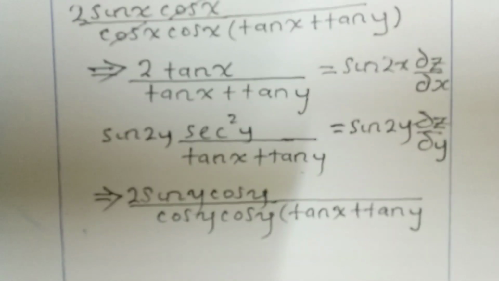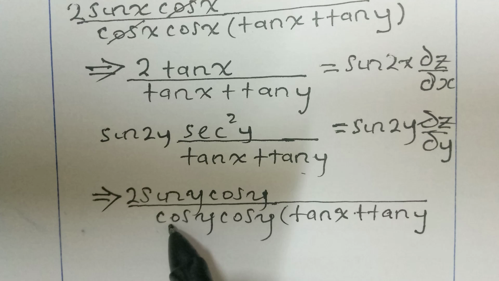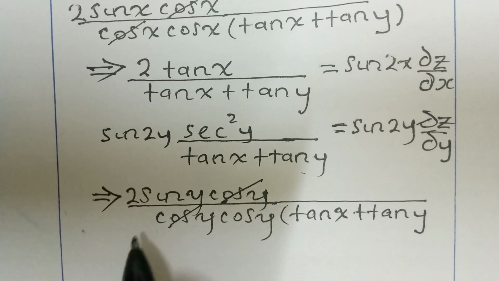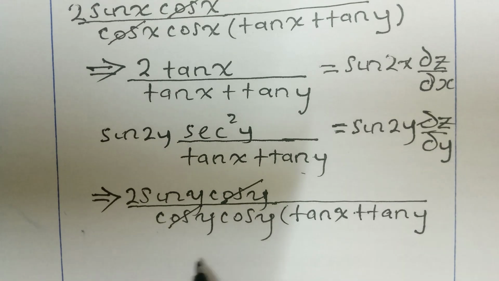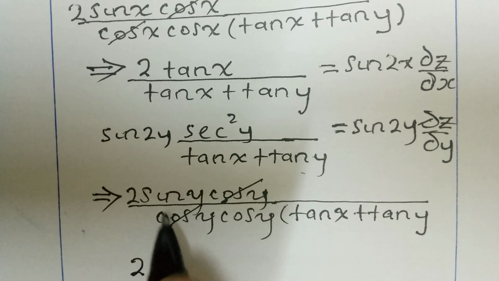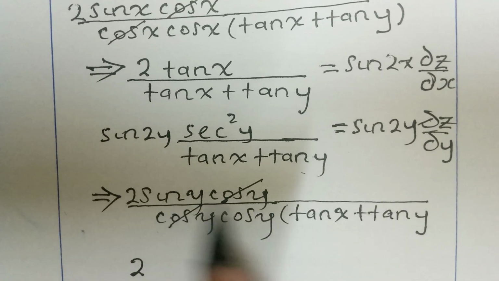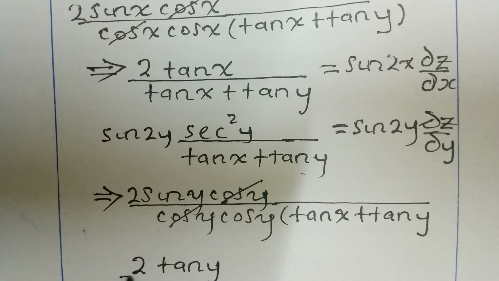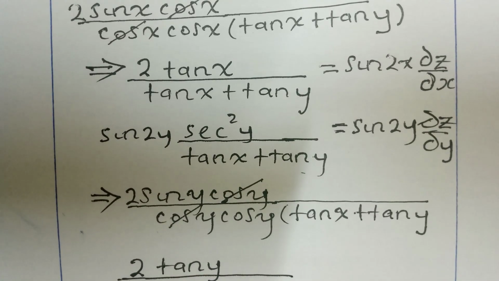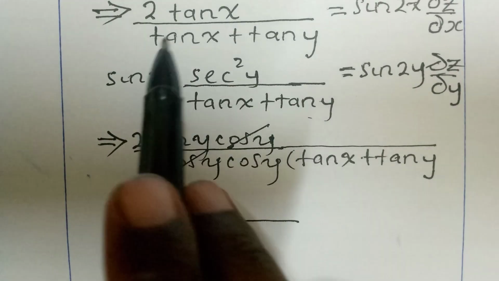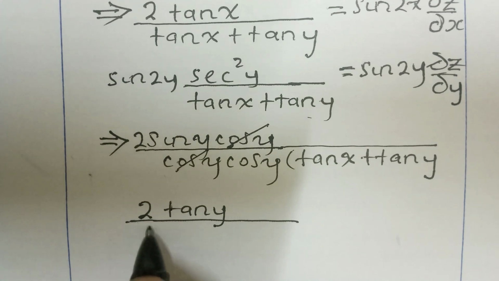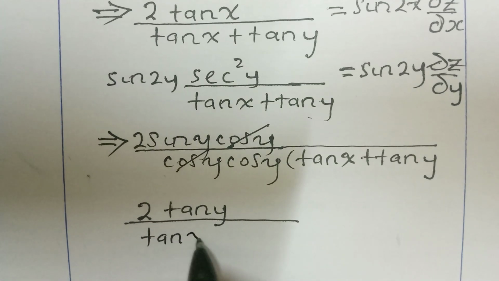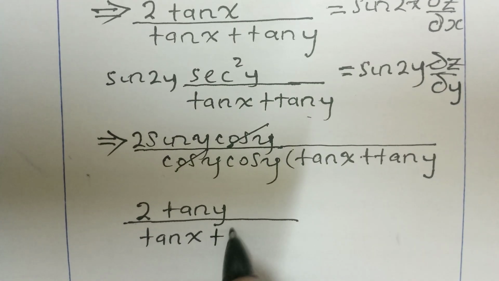So guys, this is now going to cancel. Cos will cancel that, and then we are left with 2. This sine and cos is tan y, all over tan x plus tan y.